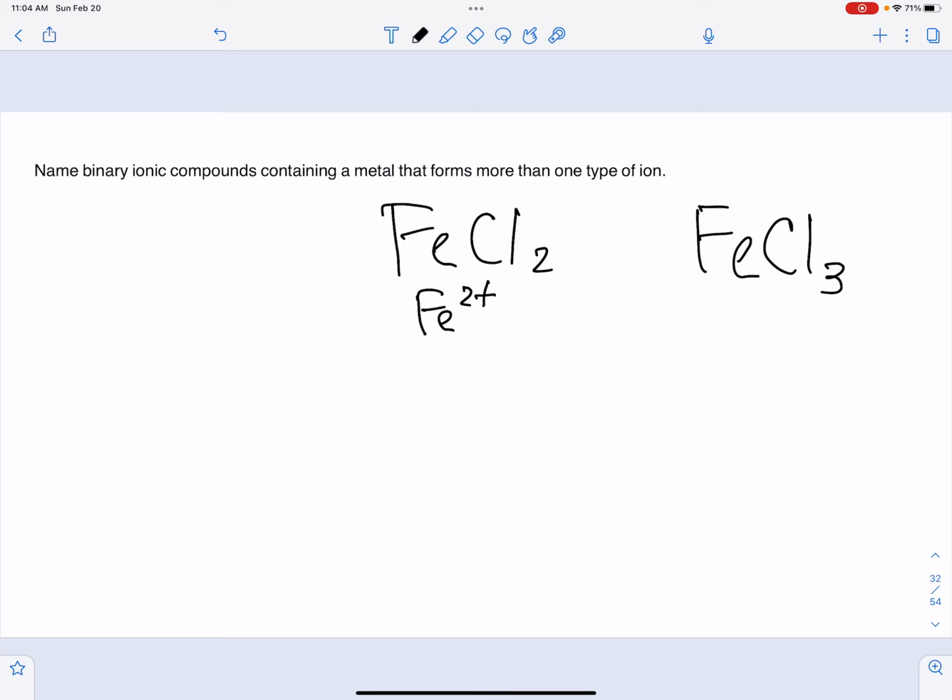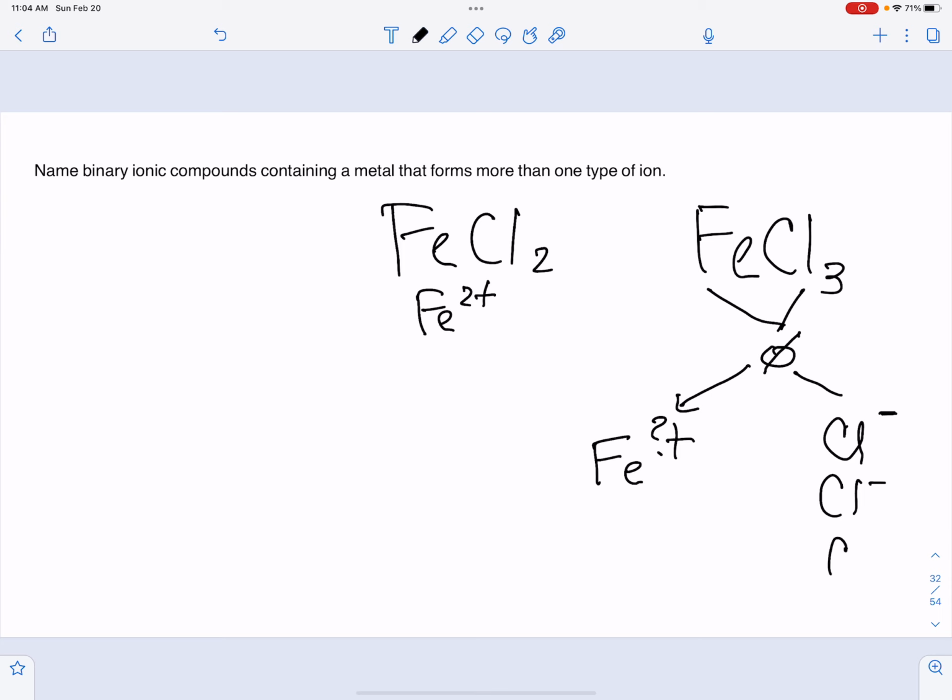On the same logic, these two combined are going to give me 0. The iron is a metal, so I know it's positive. I just don't know how much. And the chloride, I know from the periodic table that it has to be -1. But there's 3 of them. So this plus this has to be 0.